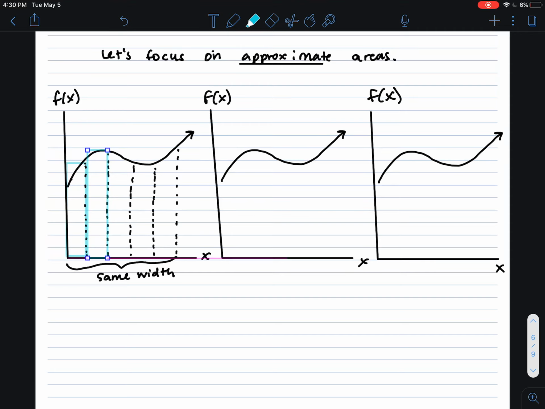So see how I'm adjusting my rectangle height so that it touches my graph at one of its corners? But once I choose a corner, I have to keep it the same.